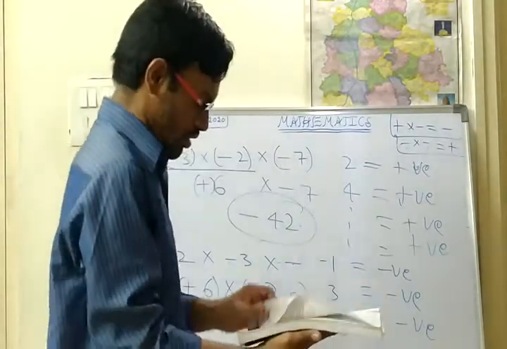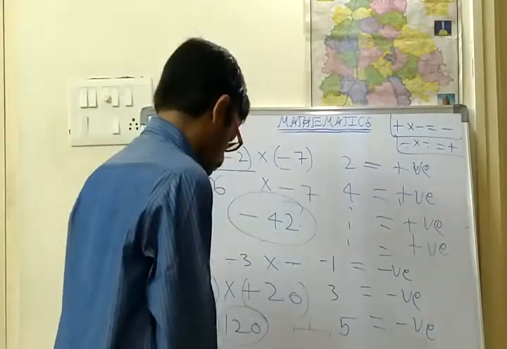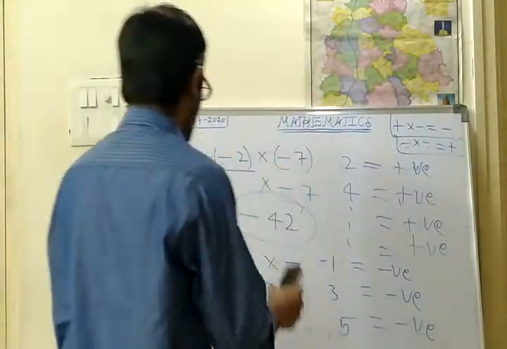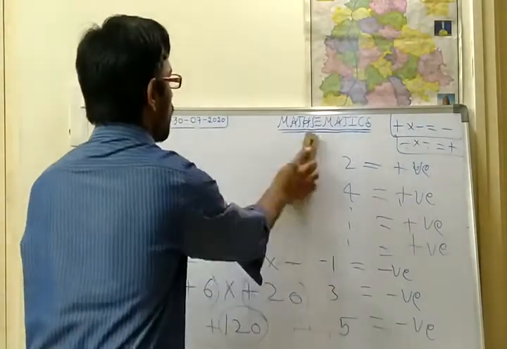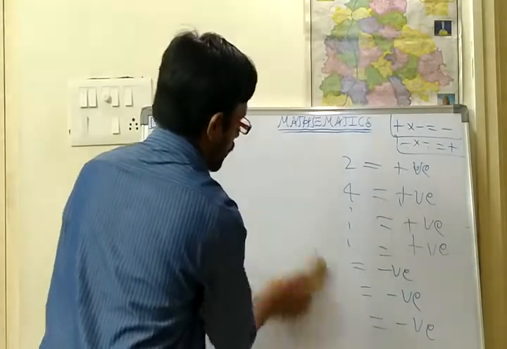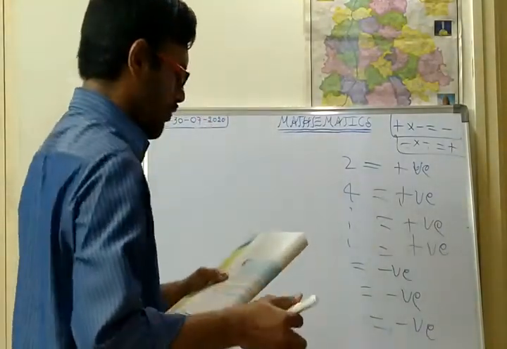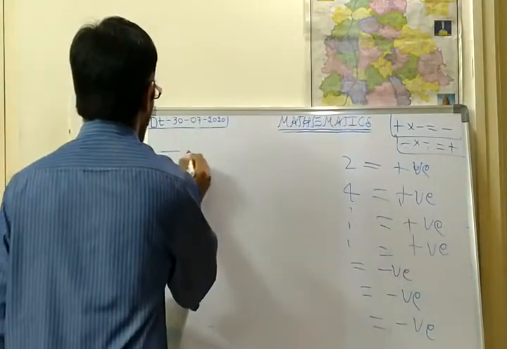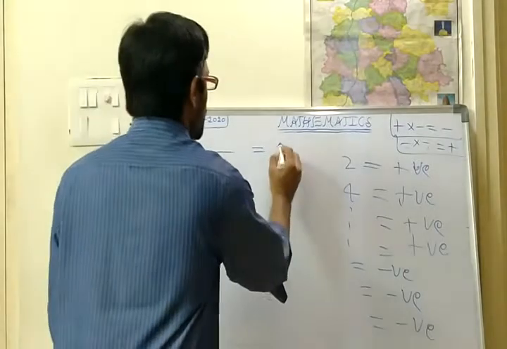So now we shall confirm some true statements with the help of these things. In the textbook, the product of two negative integers is a positive integer.